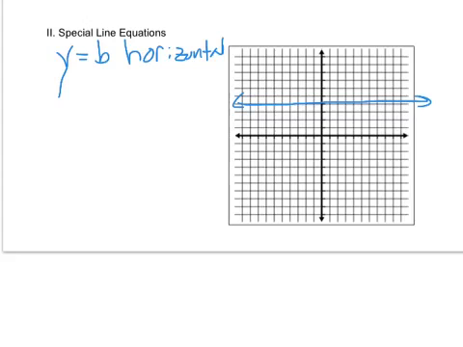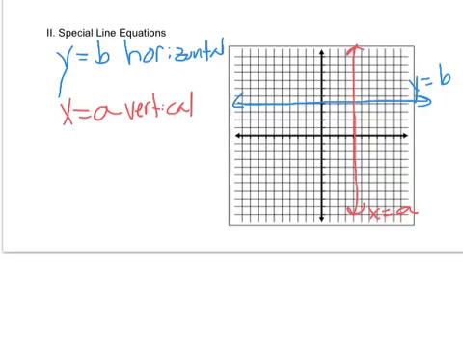We also have a vertical line, x is equal to a. It cuts through the x-axis. It is not a function, and it is parallel to the y-axis, perpendicular to the x-axis. X is equal to a, y is equal to b. Those are special line equations.